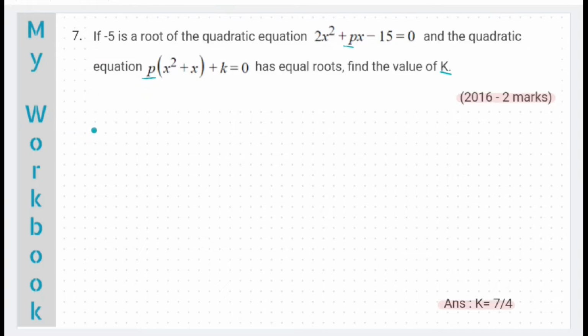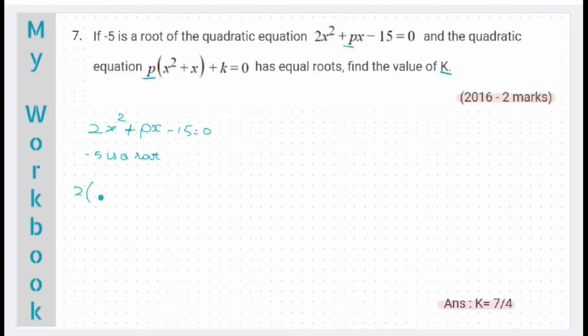If minus 5 is a root of the quadratic equation 2x square plus px minus 15 is equal to 0, then if we substitute minus 5 as the value for x, this equation will be satisfied.